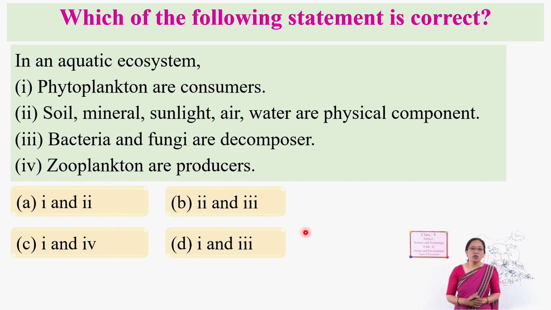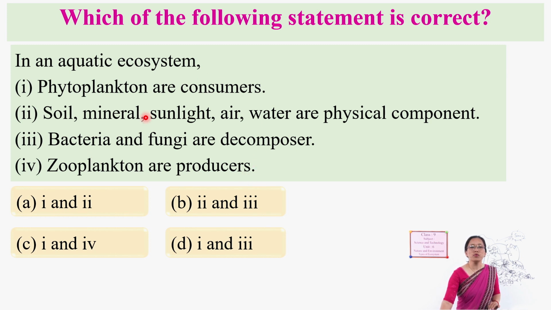Next question is, which of the following statements is correct? Which one? See, in an ecosystem, phytoplanktons are consumers. Soil, mineral, sunlight, air, water are physical components. Bacteria and fungi are decomposers. Zooplanktons are producers.